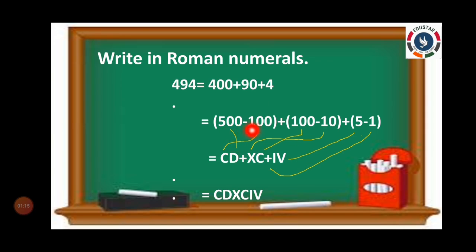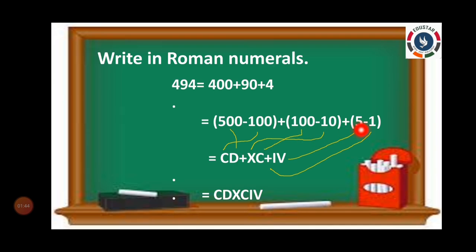Okay, here both are subtractions. What is the value for 100? C. You write C, the smaller value, because you are subtracting the two values, so first you write the smaller Roman numeral. C. 500 is D. Then plus, we are separating here also, so write the smaller value. 10 indicates X. Then 100 indicates C. Write that.